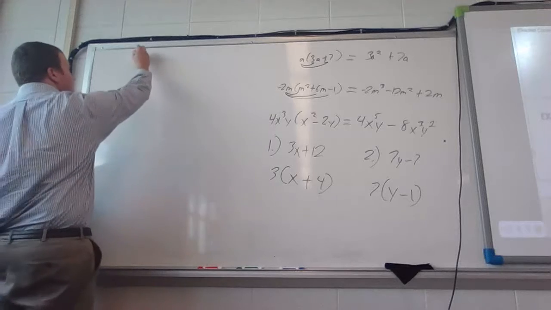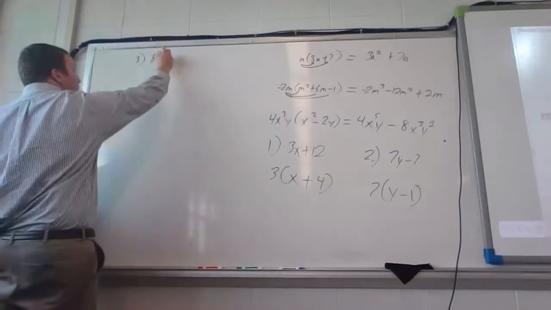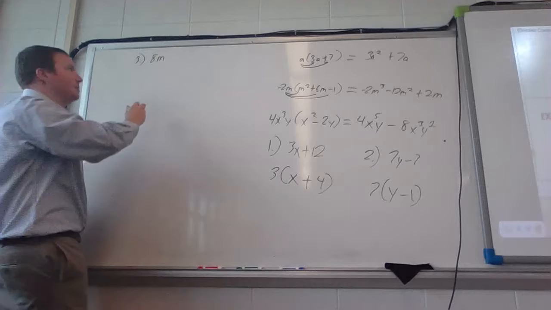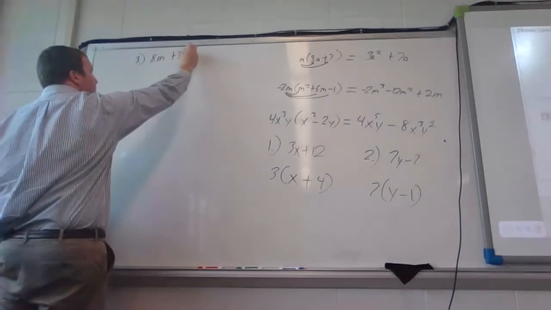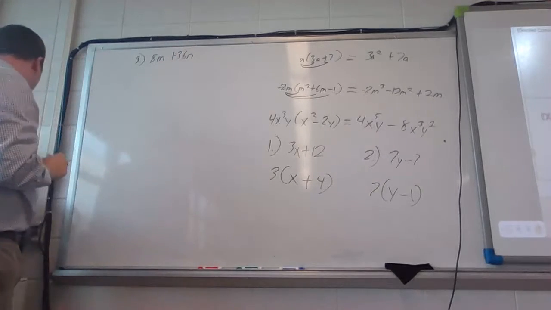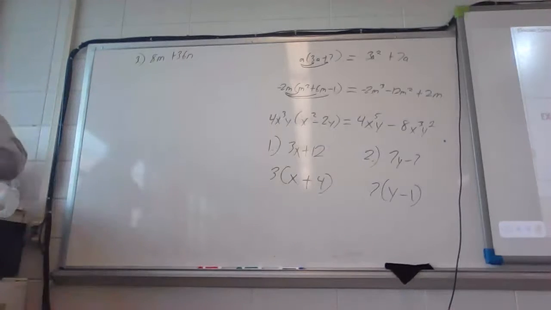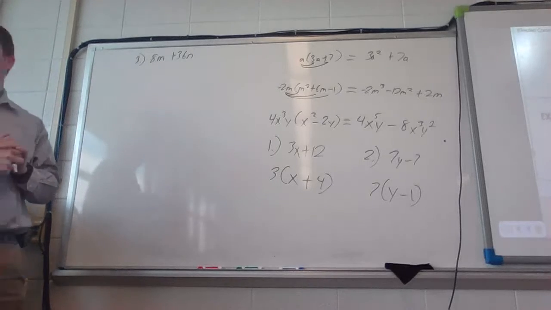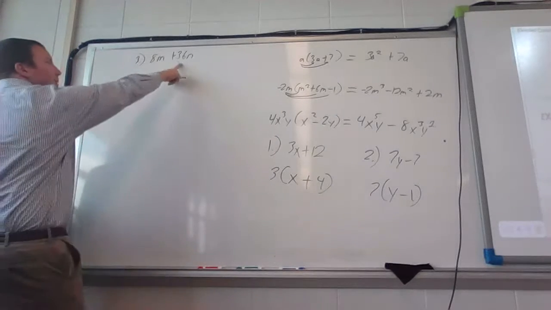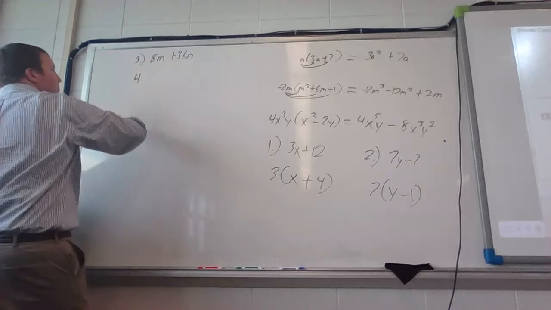So number 3. Negative 8m plus 36, and what would be our greatest common factor? So 8 doesn't quite go into 36, but 4 does.